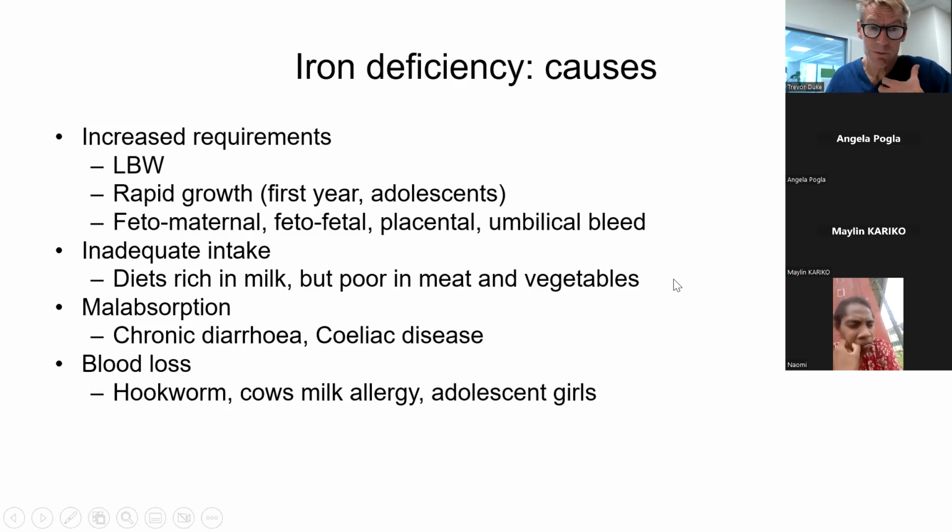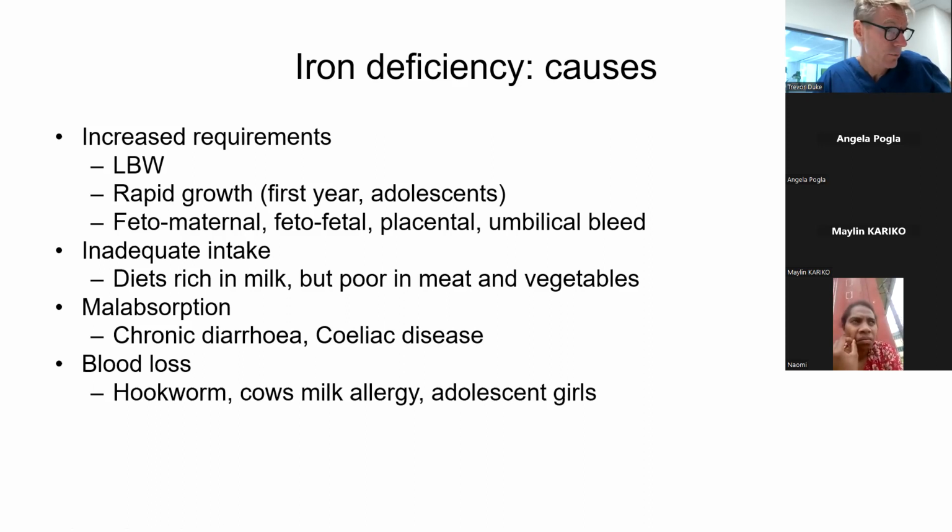They may fill themselves up with milk, often cow's milk, and not take any other food. Sometimes there'll be malabsorption, like children who have persistent or chronic diarrhea for whatever reason may have malabsorption of iron, or rarely children who've got celiac disease and other congenital forms of malabsorption.